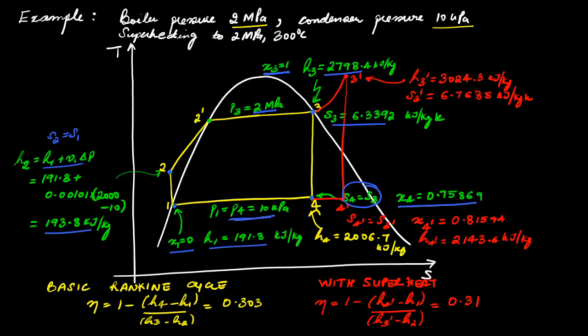So now we know enthalpies at all these important states, that are the inlet and exit states of the various components of the cycle, such as the boiler, the turbine, condenser and the pump. And now we can look at the efficiency. Efficiency is given by this expression.